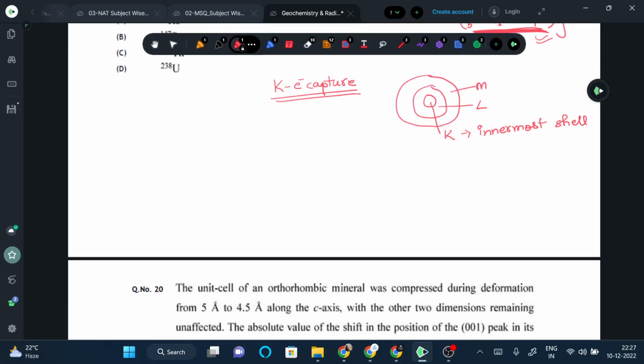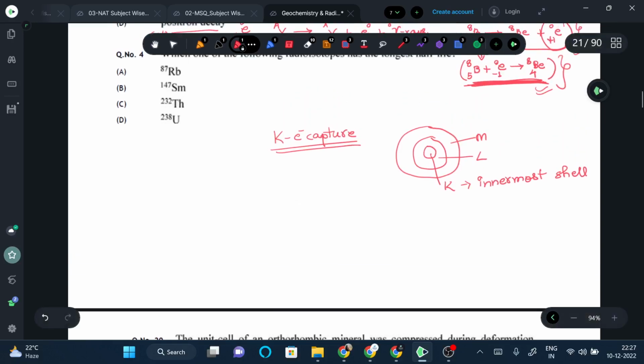Here what happens is, in electron capture, we can take one example.